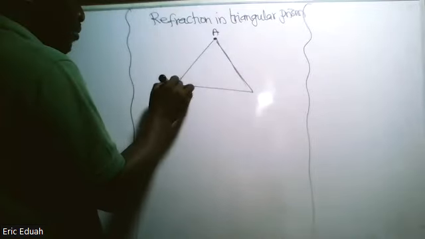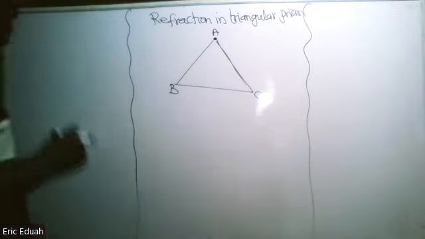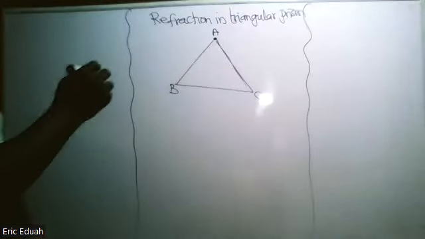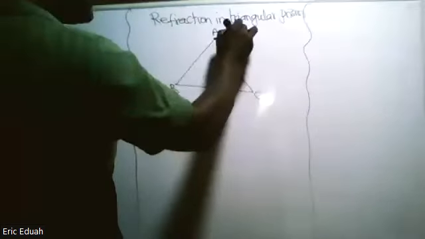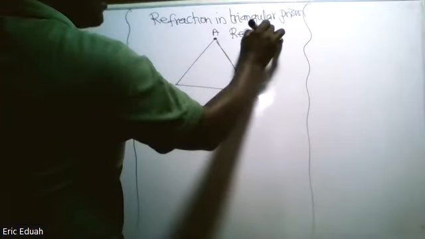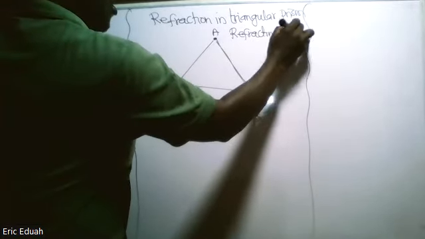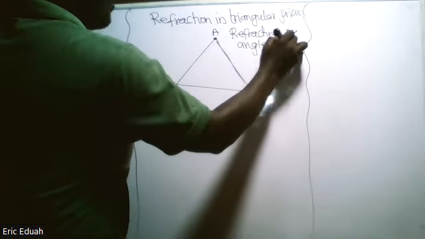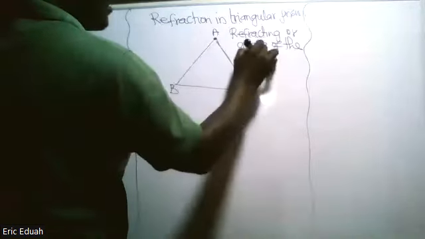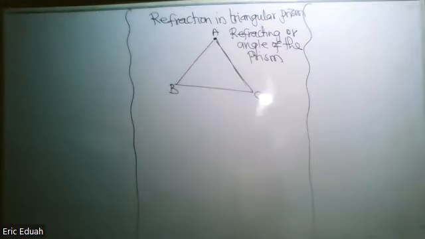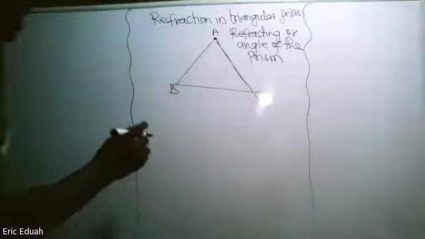A, B, C are the parts of the triangle, of the triangular prism. The triangular prism has what we call the refracting angle, or angle of the prism. Hello. Please, can you come again with the definition of triangular prism? Oh, I'm not defining.